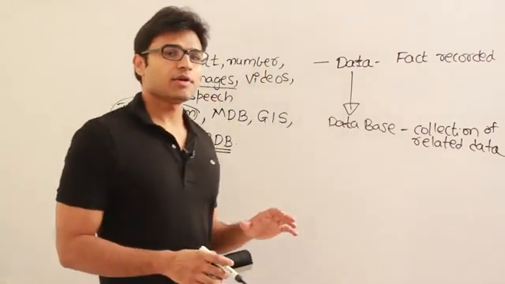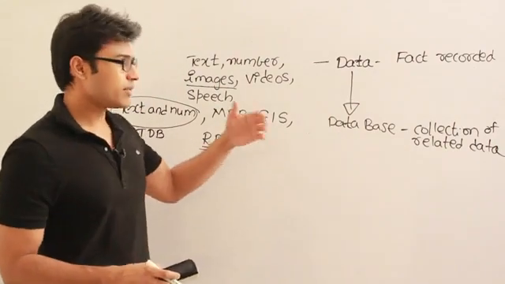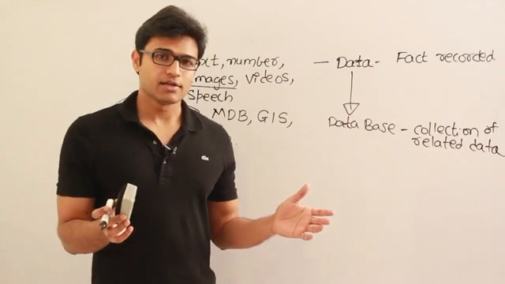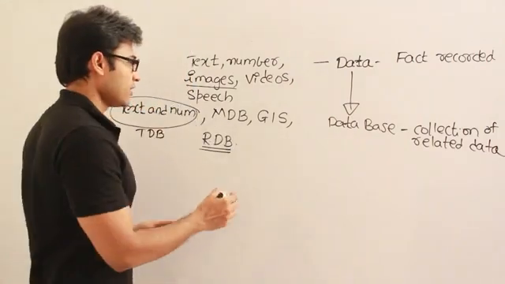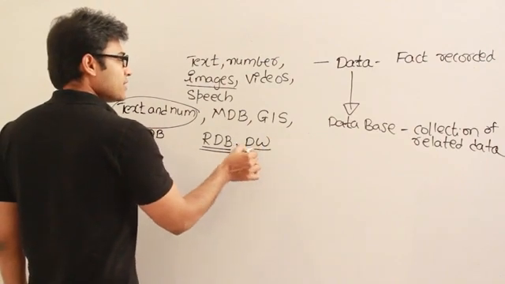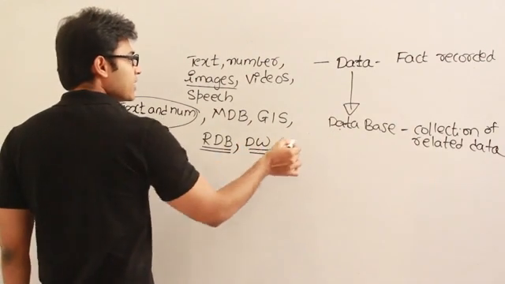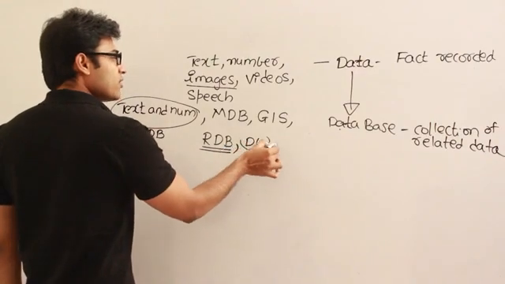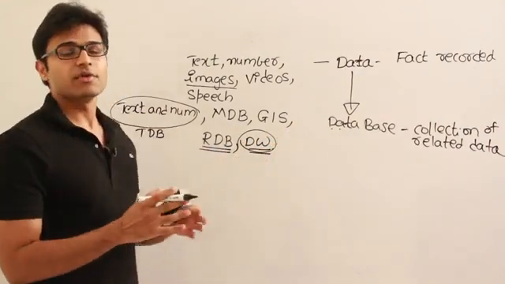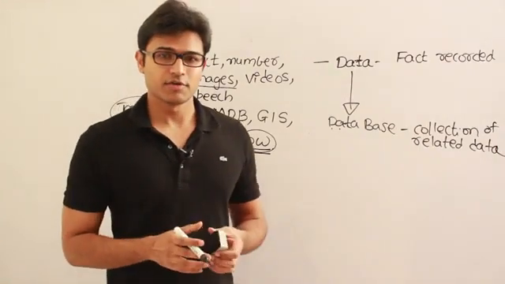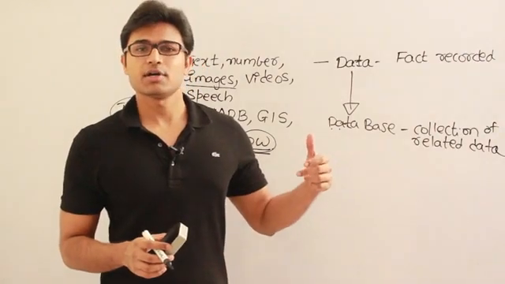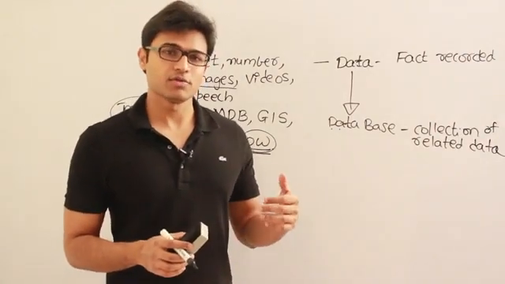And other than these, if the database size is going to be very huge, then it is called a data warehouse. So a data warehouse is also a kind of database. The main difference is that in a data warehouse the data is very huge and historical, which means we have data stored about a company for the past 100 years, and then we want to see it.